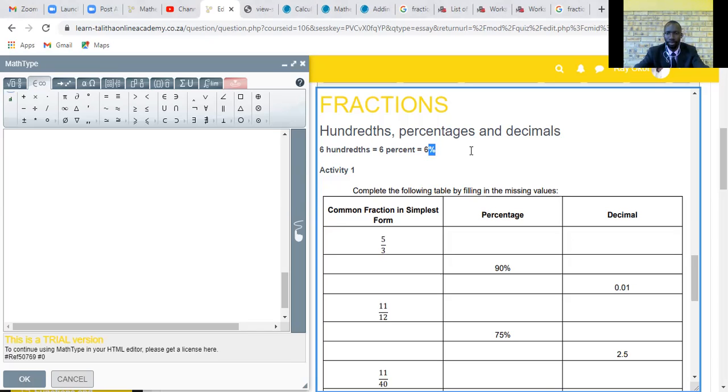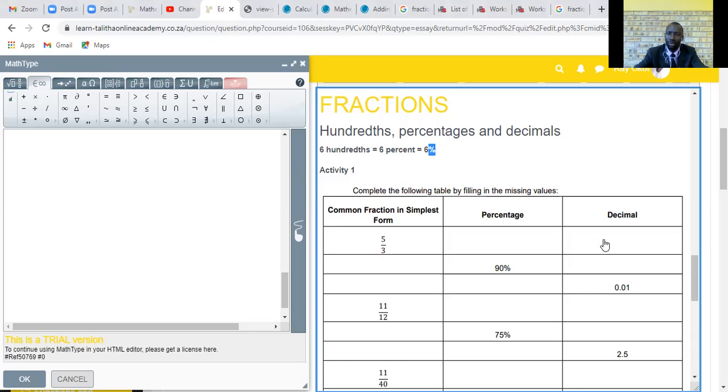Well, now, how are we going to continue? We want to look at this activity 1, and we want to see how we can express numbers as a percentage and also as a decimal. In one previous lesson, we had seen how to transfer a number from a decimal to a percentage.